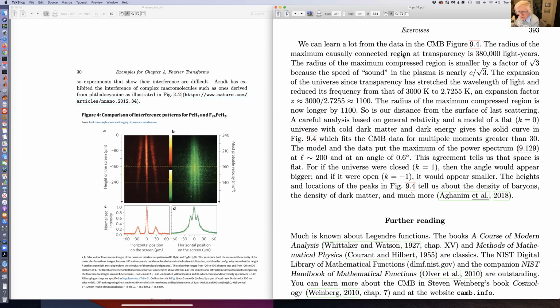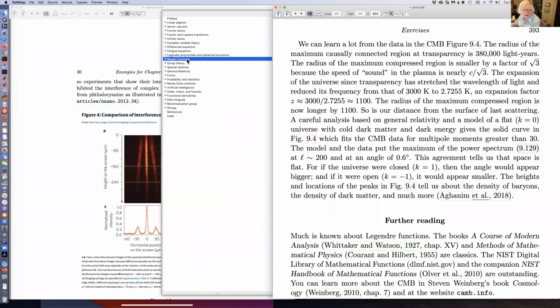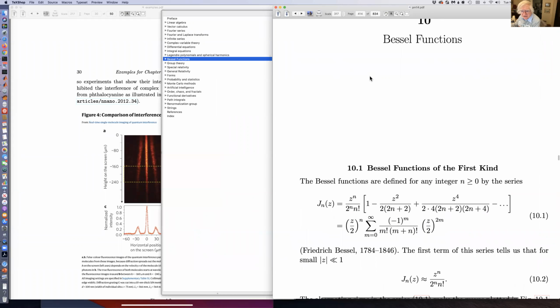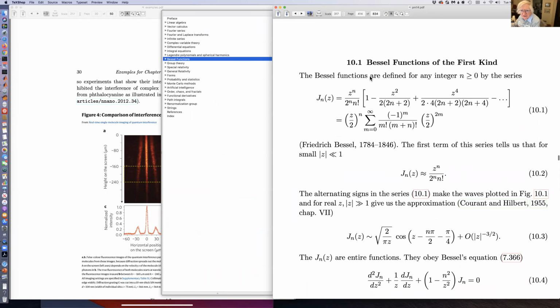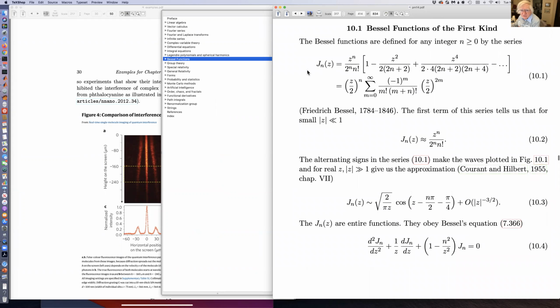So what we'll do next time, I guess, is go to the next chapter, which is Bessel functions. Normally when one talks about Bessel functions, one is talking about cylindrical Bessel functions.